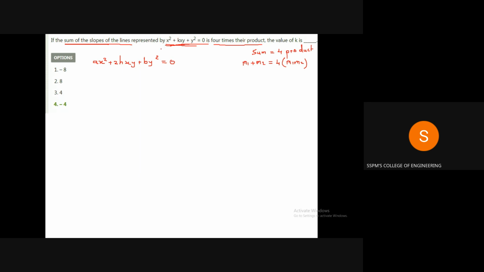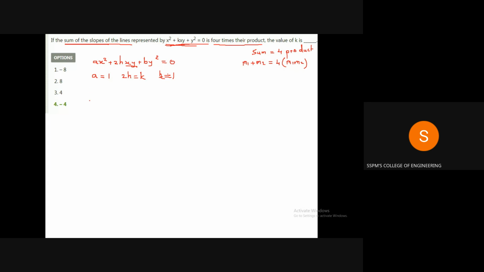Now if we compare this, what is value of a? Value of a is 1. Value of 2h is k. Again, coefficient of xy is k. So value of 2h is k. Again, b is equal to 1. So a is equal to 1, 2h is equal to k, and b is equal to 1.